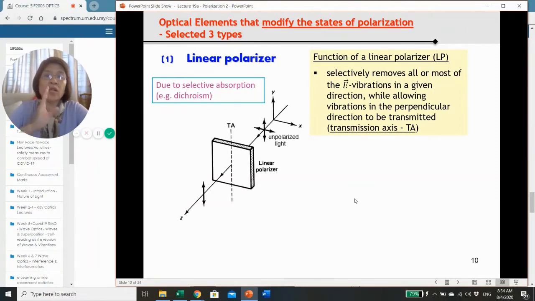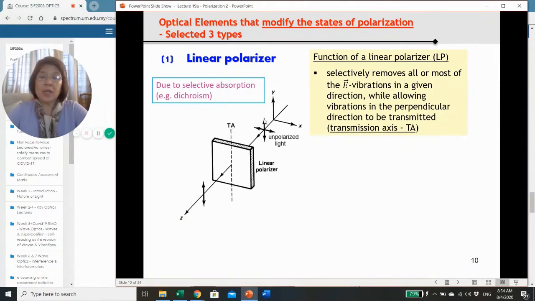So it allows only one E vibration in a particular plane. That one that is allowed will be called the transmission axis. For example, this linear polarizer has a vertical transmission axis.